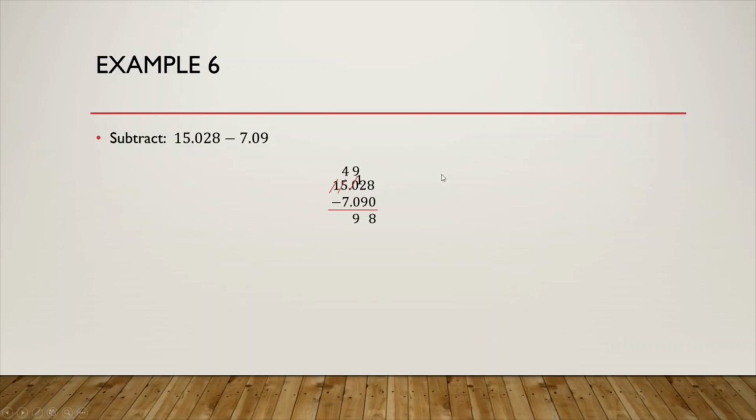So it'd be 12 minus 9, which is 3. 9 minus 0 is 9. Then you have this one right here. I guess I'm borrowing and I skipped a step there. So it's 14 minus 7, which is 7. So that would be 7 and 938 thousandths.